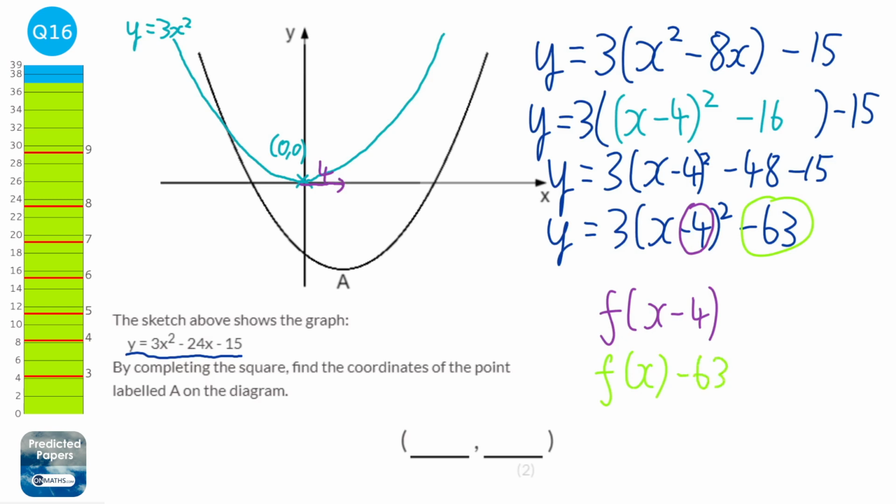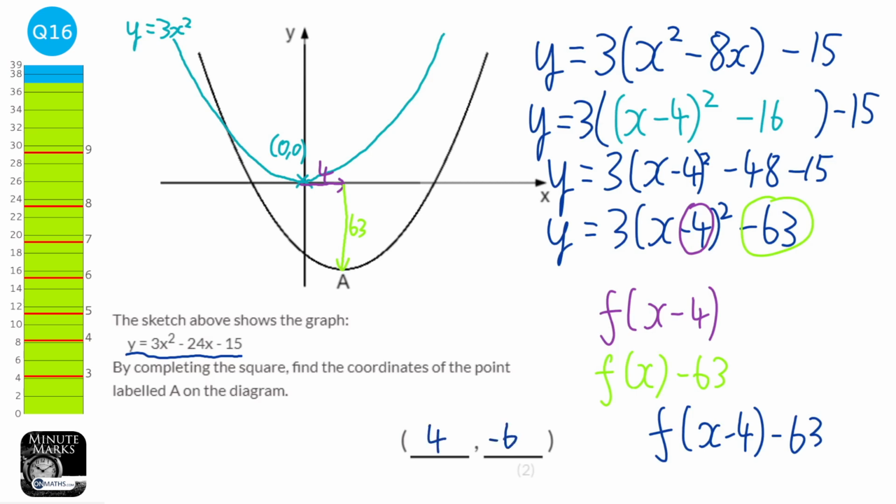And if we had f of x minus 63, we know it goes down 63. So in total, we have f of x minus 4 take away 63. That's what we have in total. So we're moving just 4 to the right and then 63 down. So instead of 0, 0, our minimum point will be at 4, minus 63.